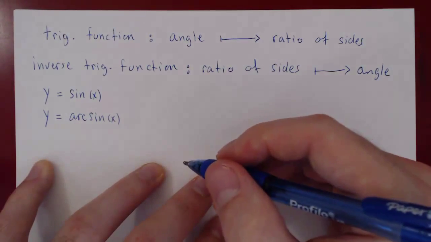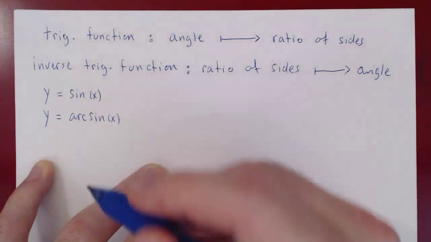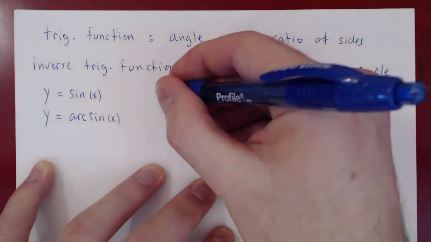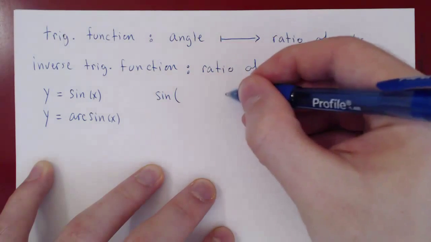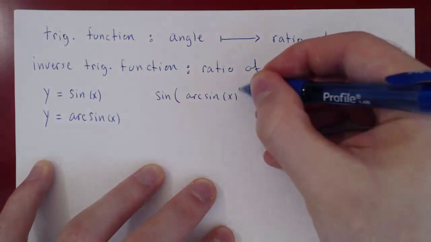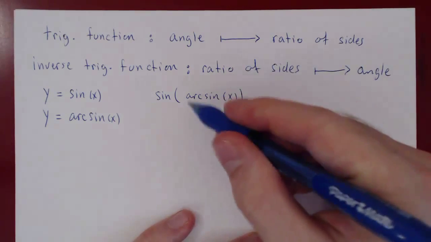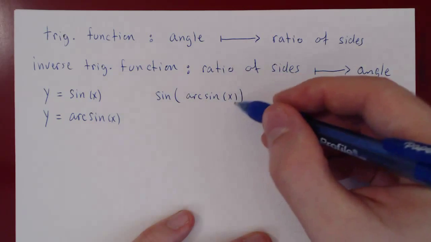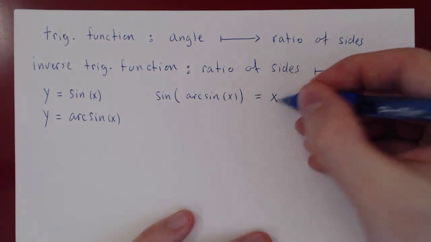And of course the relationship between a function and its inverse function is that they cancel each other out via composition. So if I take sine of arc sine of x, well, arc sine is the inverse of sine, so sine will cancel arc sine and we'll be left with the argument simply x.